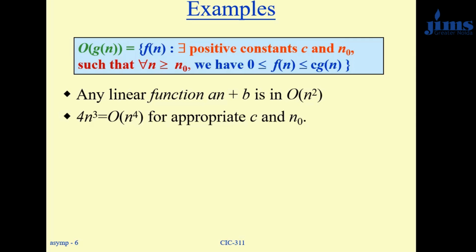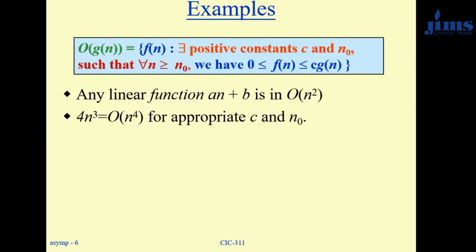Now the same example that we discussed in the theta notation, that is 4n cube. It was not equal to theta of n to the power 4, but it is big O of n to the power 4. Why so? Because big O notation demands only the upper bound, and n to the power 4 satisfies the criteria of an upper bound. For values of n from 1 to 3, the values of n to the power 4 will be smaller than that of 4n cube, because 4 is the multiplication factor.